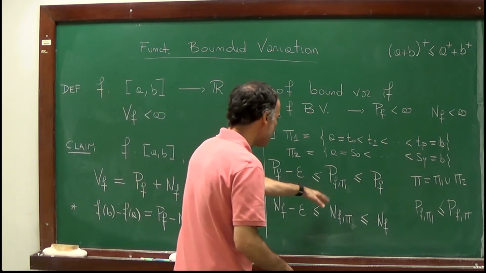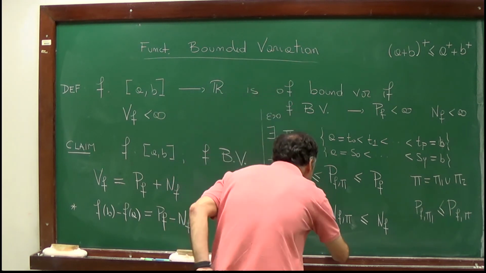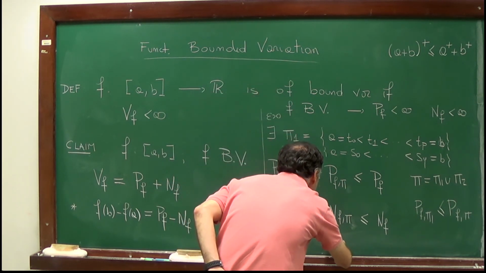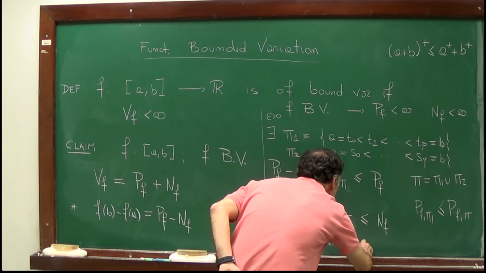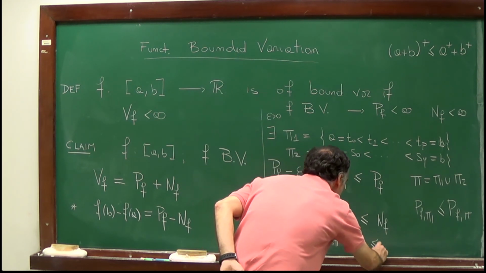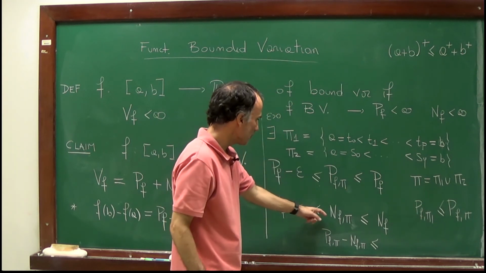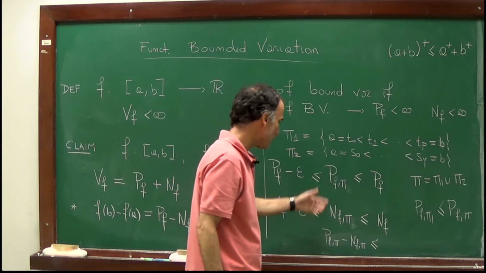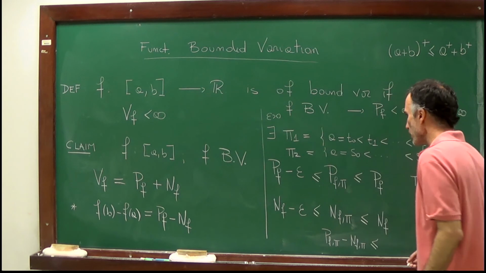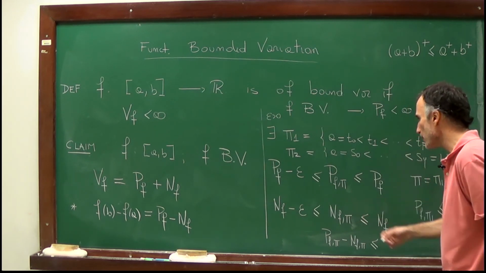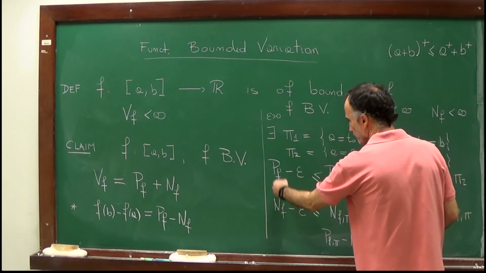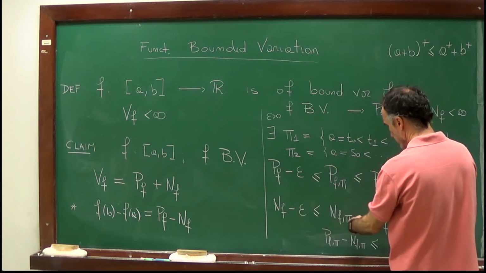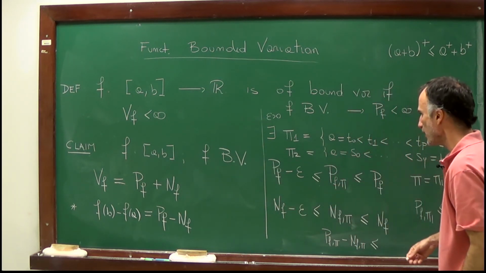So it follows from these two inequalities that P f pi minus N f pi is bounded. I'm multiplying this inequality by minus 1, and I'm summing. When I multiply by minus 1 and sum, I get here minus Nf, and here minus Nf plus epsilon.